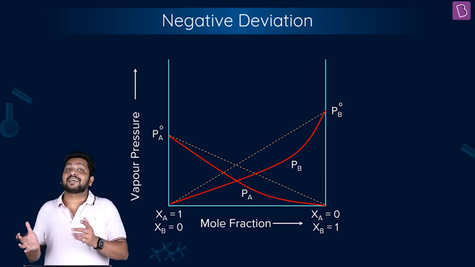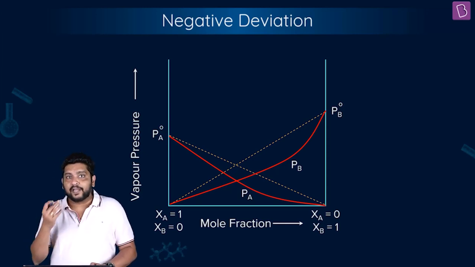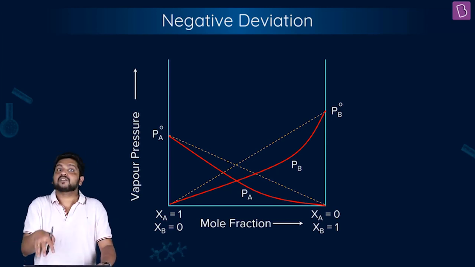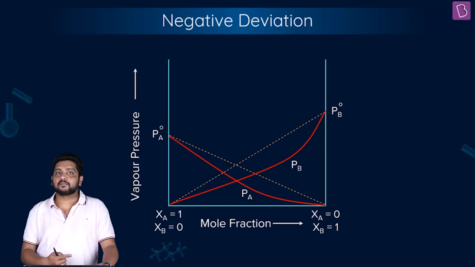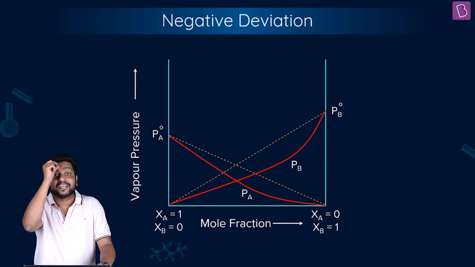For example, in the case of an acetone chloroform mix, individually neither of these had any hydrogen bonding, but when they are mixed together there is hydrogen bonding happening. So this acetone chloroform is a very famous example of negative deviation.